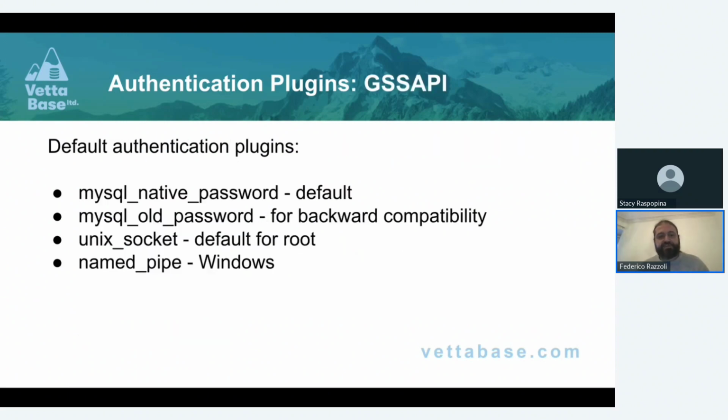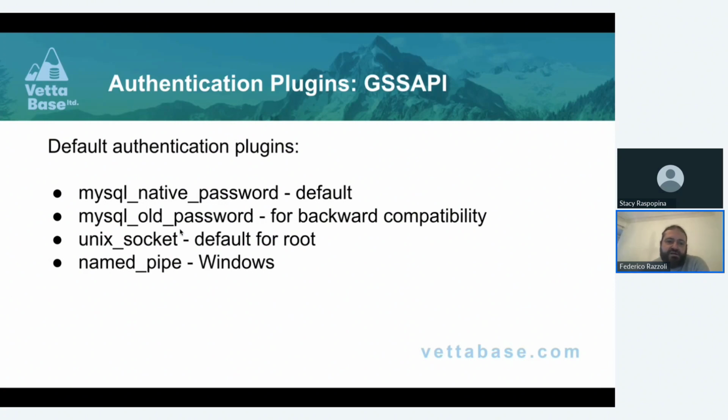Anyway, these are the default authentication plugins. MySQL native password is actually the default one. MySQL old password is for compatibility with all the MySQL versions. And Unix socket, well, I already mentioned this.